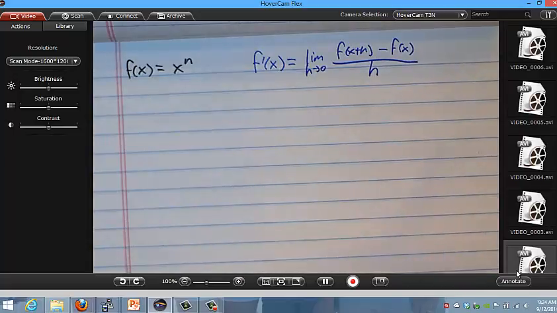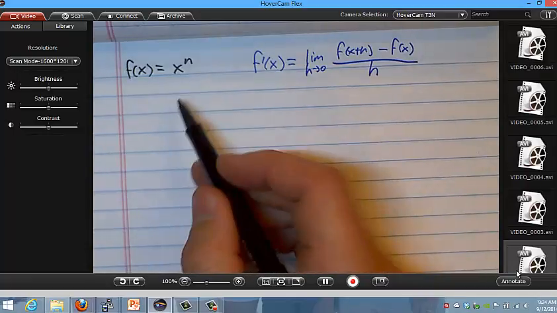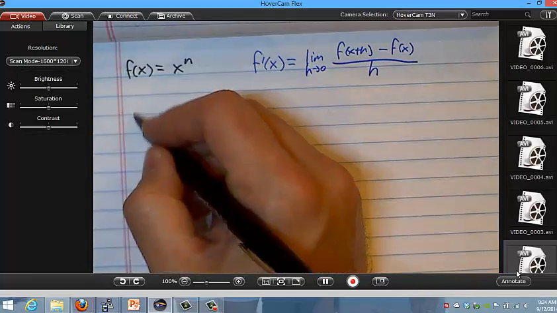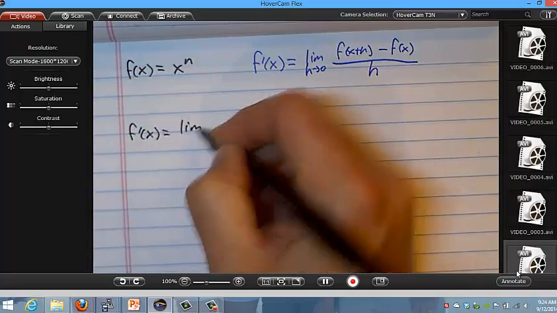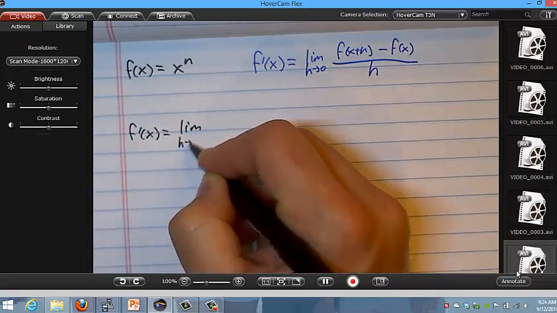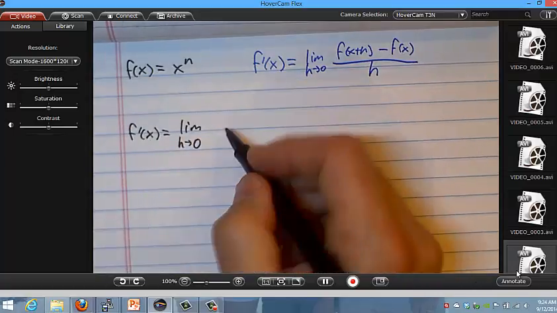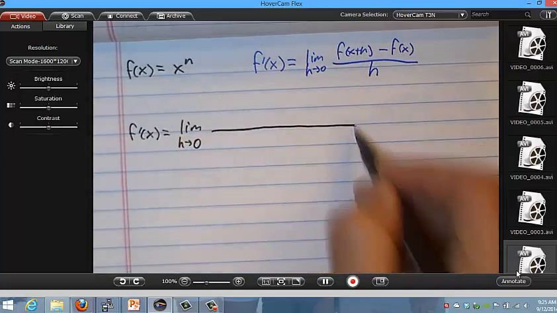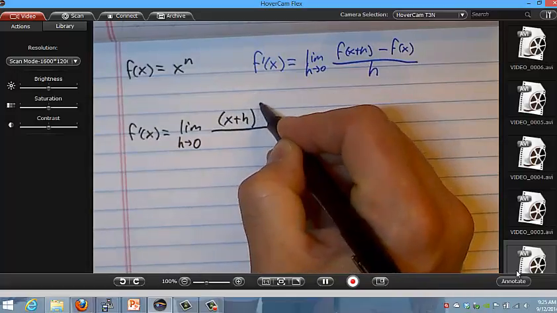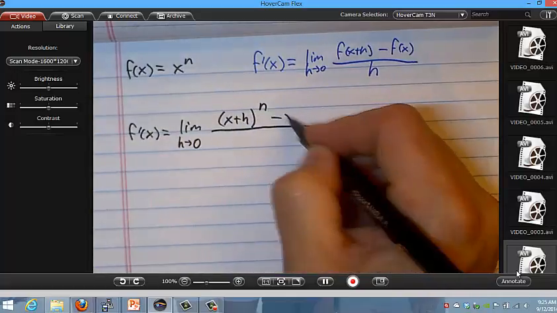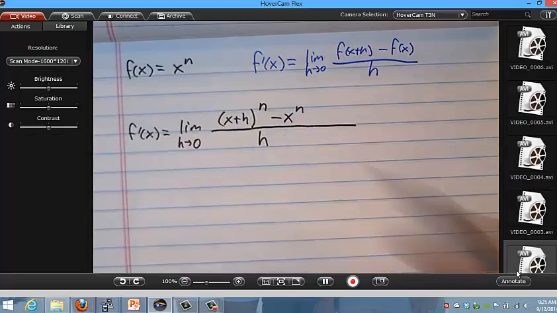But in general, what you do is you use this formula. You say, well, f prime of x is the limit as h approaches 0 of x plus h to the nth power minus x to the nth all over h. Is that okay?